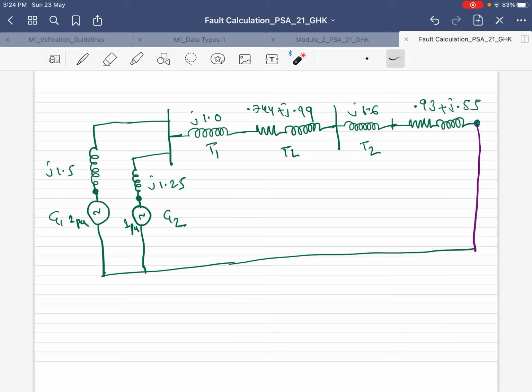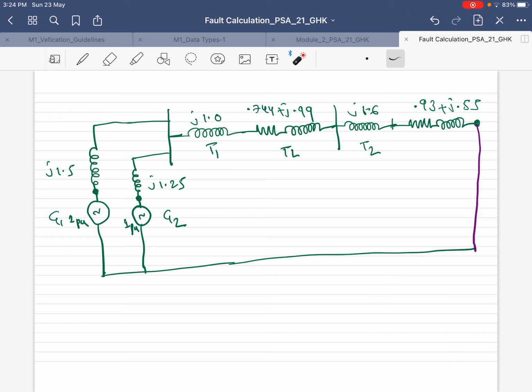Then you can replace these 2 sources by a single source so that we can simplify the circuit. Therefore, I am combining the two sources into a single source, because they are both operating at 1 per unit, which means they are at the same equipotential point. Therefore, you can short there, and these two are replaced by a single source.